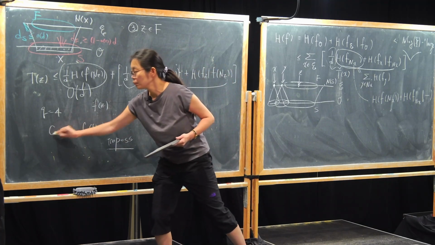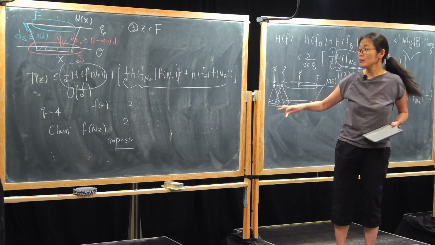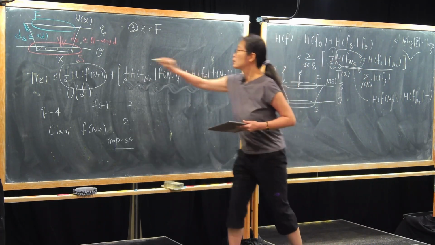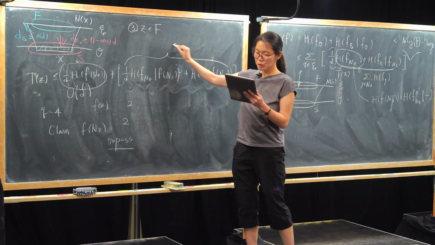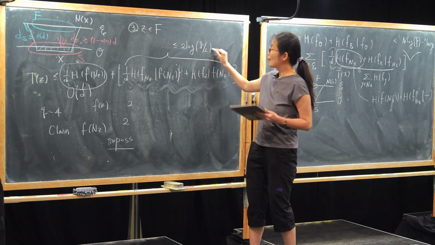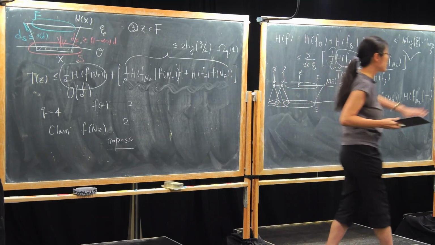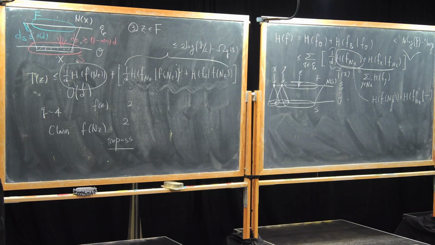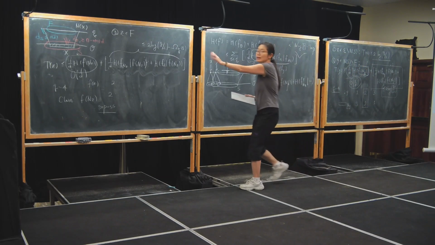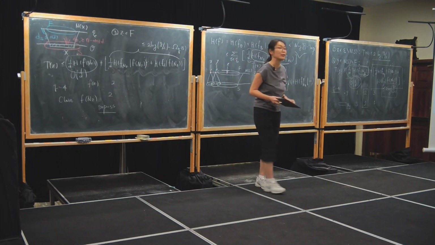This is my claim. And if this claim is true, then we have that this one is at most 2 times log Q over 2 minus some constant factor. Because we always have some imbalance in our color partition, and that gives us the constant fraction, the constant penalty.